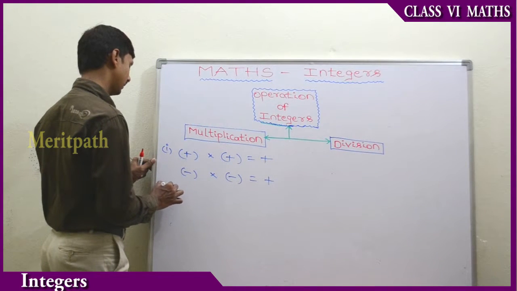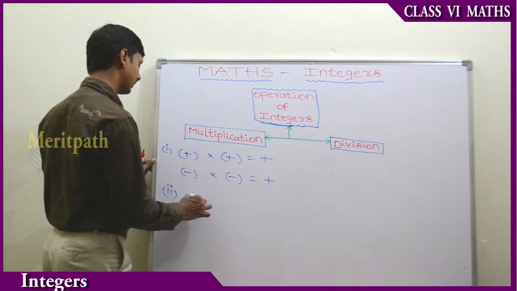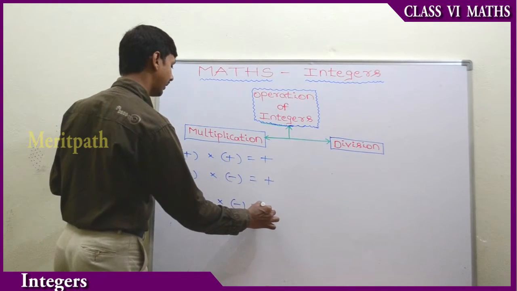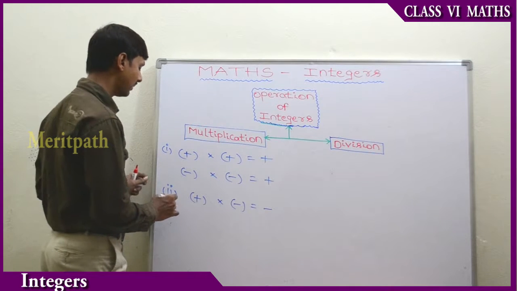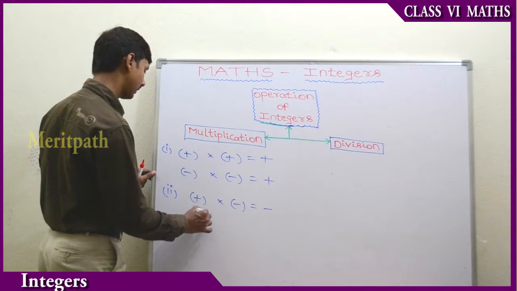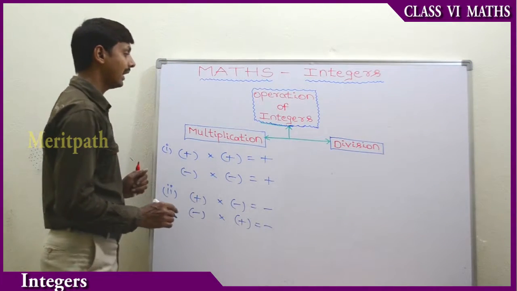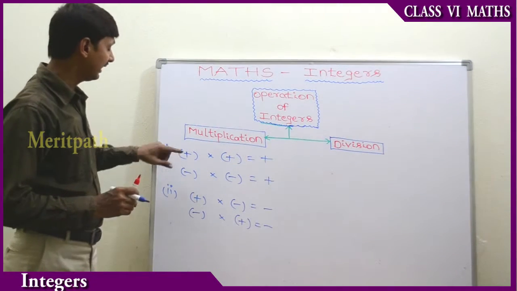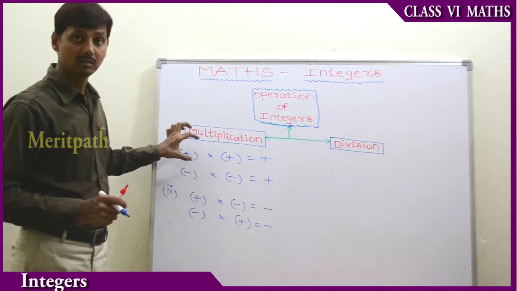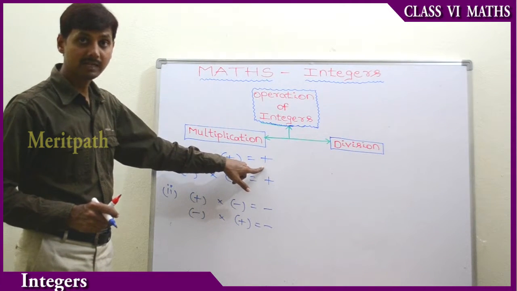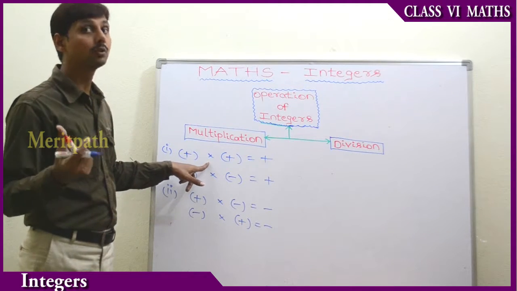In the second case, one number has the plus sign and the other has the minus sign, and it will be minus. Minus sign into plus sign is also minus. So what we have discussed up to now is that two same signs will give the plus sign when we multiply two integers.